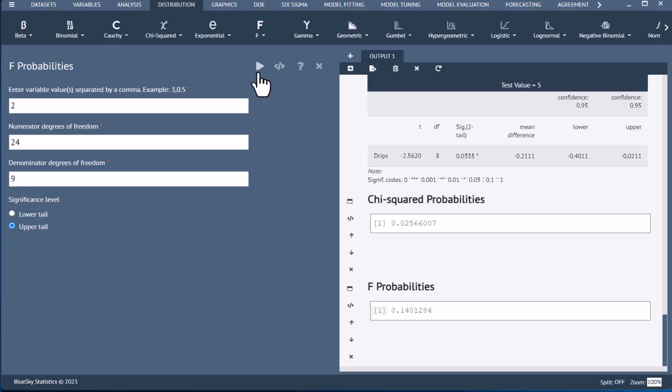So we will click the dialog execution icon, and BlueSky will give us that F probability, and it's 0.14. So there's a 14% chance that these two variances are equal, in spite of the fact that one is double what the other one was, because the variances are a very highly variable statistic. So in other words, the manufacturer's representative was correct.